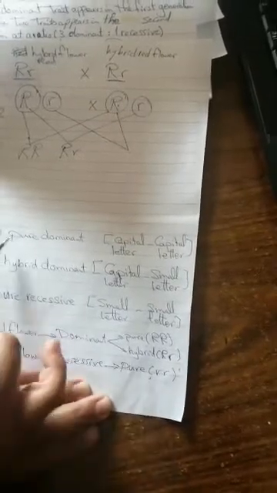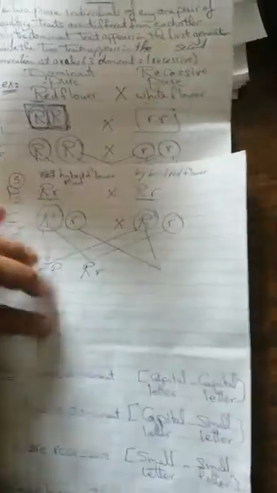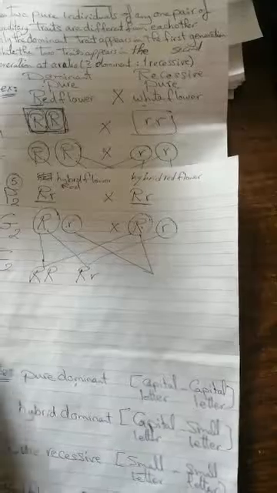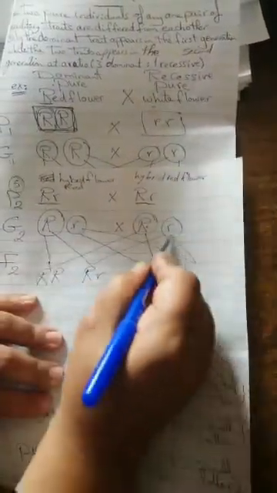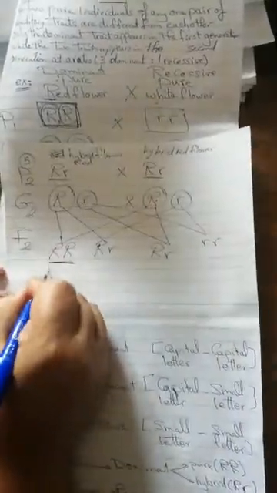We use the first letter of the dominant trait. Let's complete. Here, R capital and R small from this rule. Can I write it R small, R capital? Never. We must start with R capital and R small. The second with the second, R small, R small. Here, what is this? Dominant.